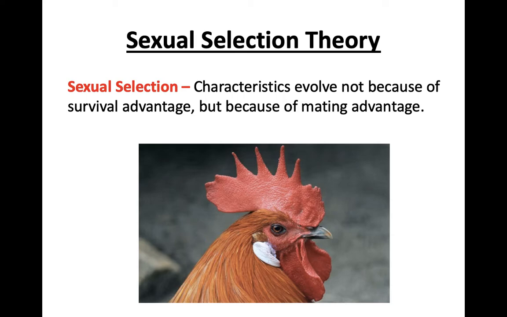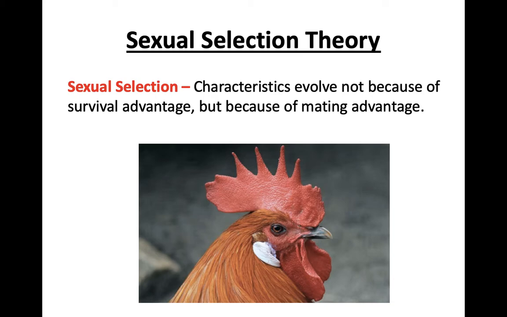So you might ask yourself, why do animals look a particular way? Why does the peacock have these brightly colored feathers? That would seem to be a problem. Or why does the rooster have this brightly colored red comb on its head?